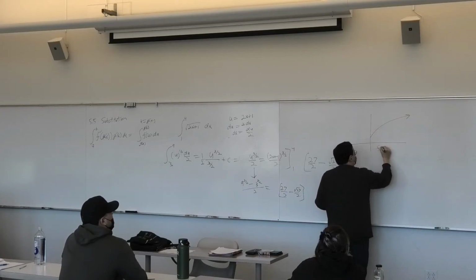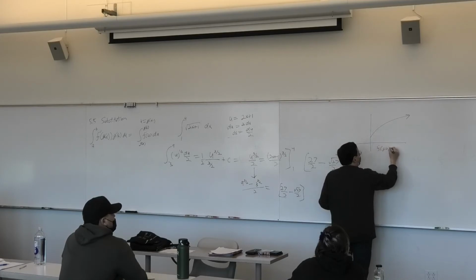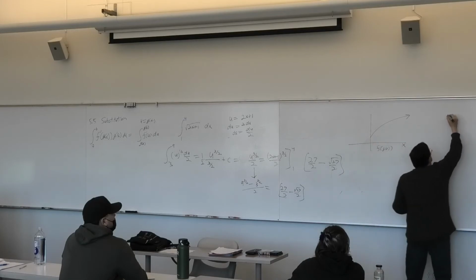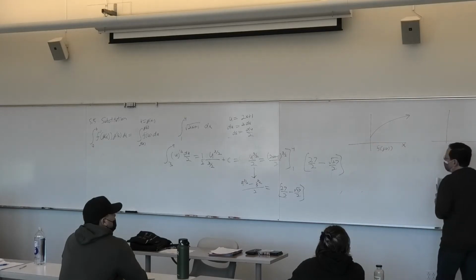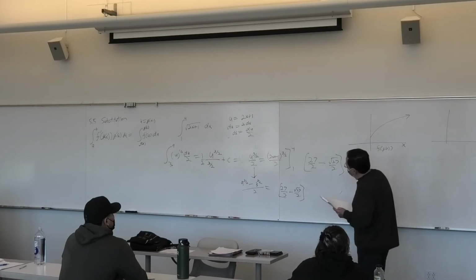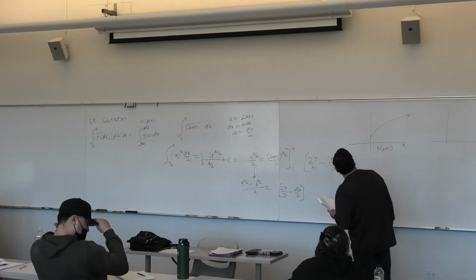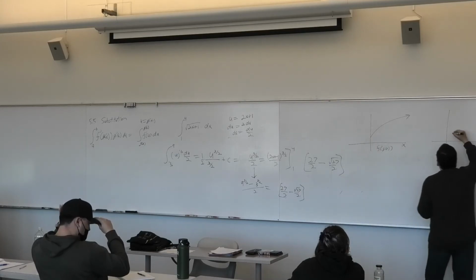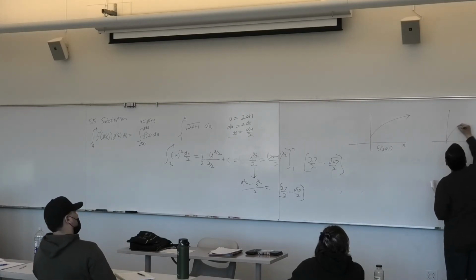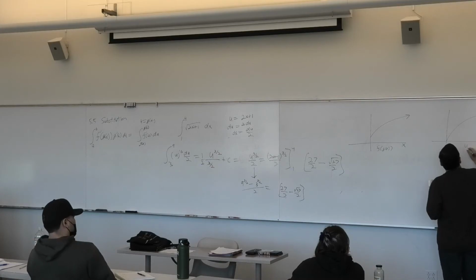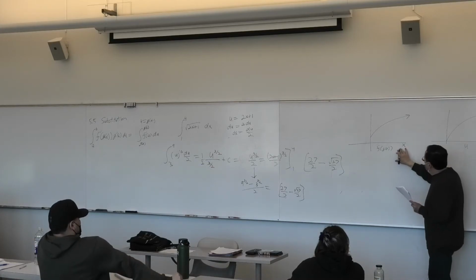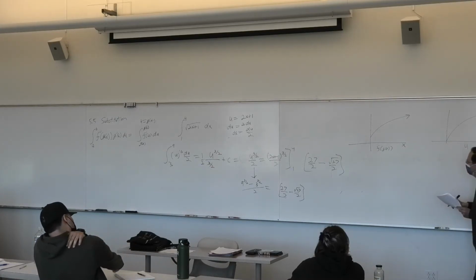Our f of x. This is the x-axis. And somehow, using this technique, substitution, we convert this to some other function. I guess it's similar, but now our coordinates are, here they're x and here they're u.